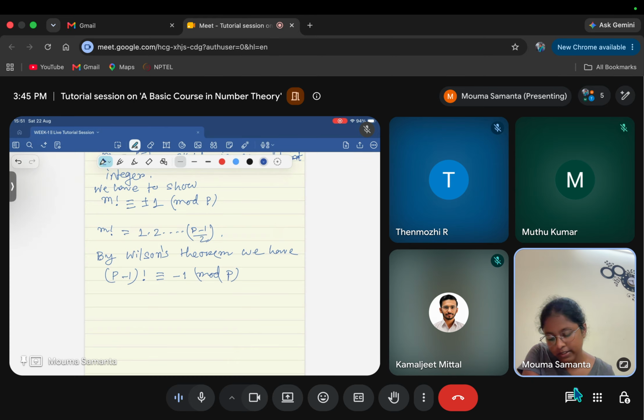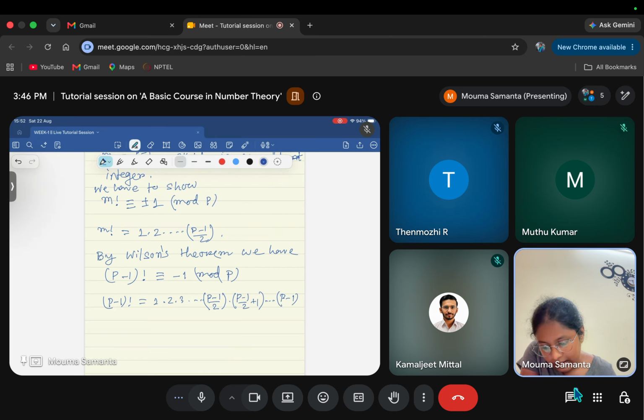Now let's try to relate (p minus 1) factorial and m factorial, that means ((p minus 1)/2) factorial. What are the integers we have in this factorial (p minus 1)? (p minus 1) factorial is the product of 1 into 2 into 3 up to (p minus 1)/2 in the middle, into (p minus 1)/2 plus 1 up to p minus 1.